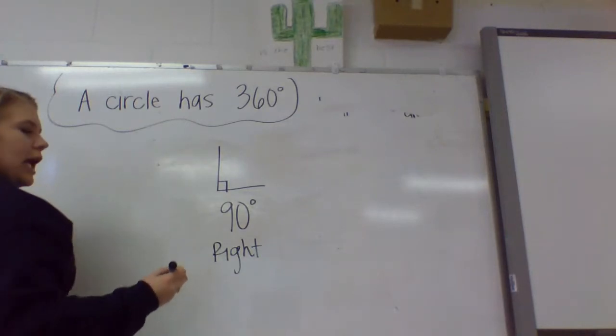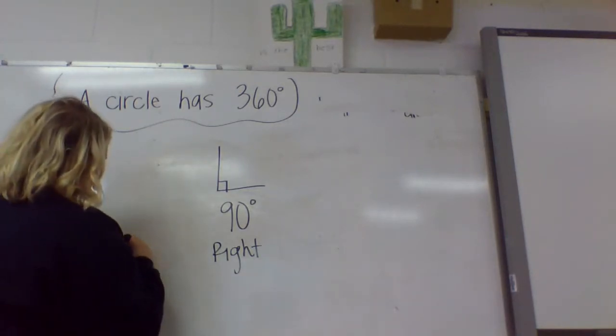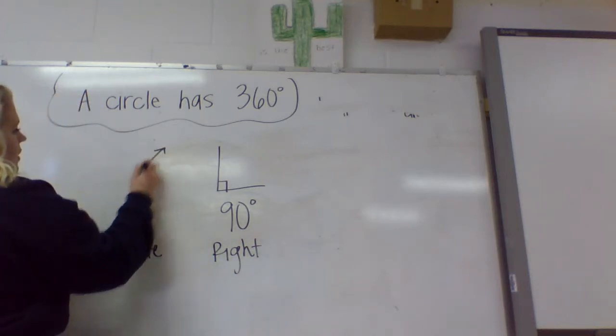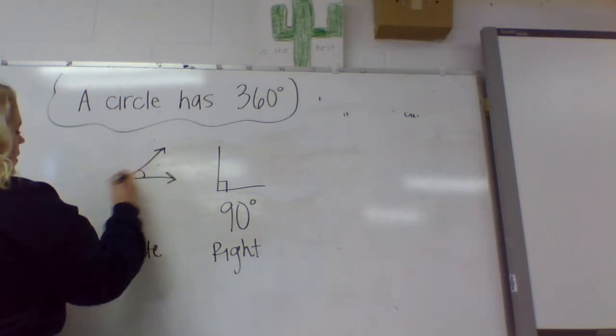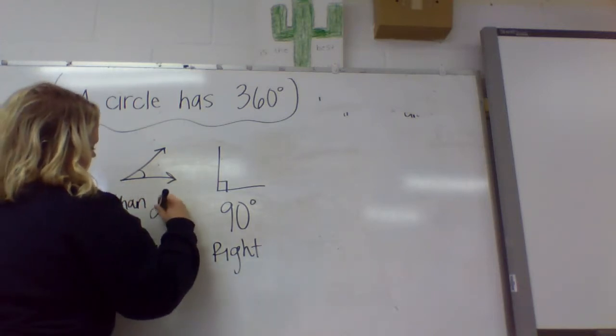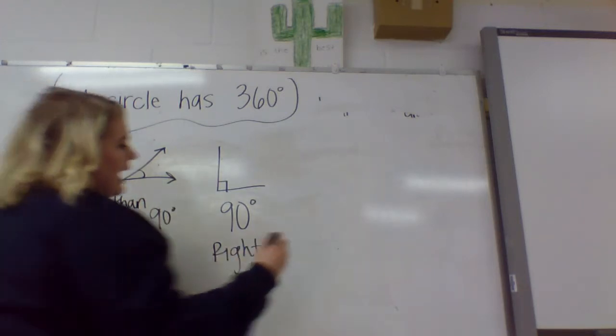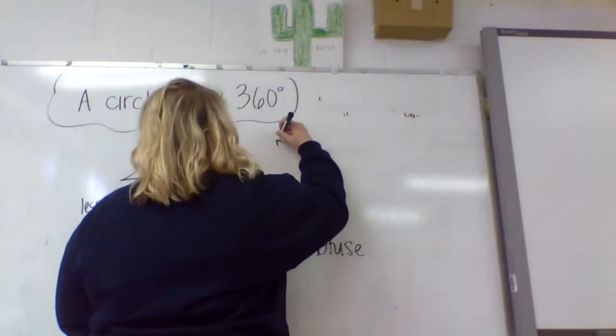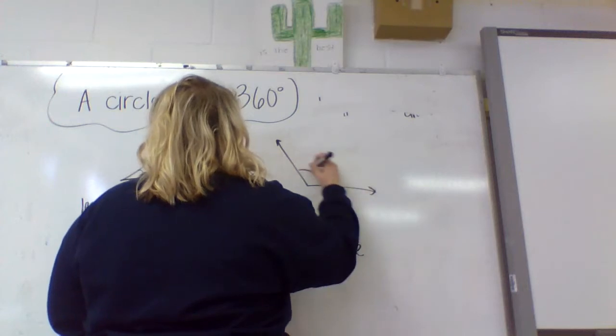Now, if I want to go less than 90 degrees, that's going to be an acute angle. So an acute angle is less than 90 degrees. If I want an angle that is larger than 90 degrees, that would be an obtuse angle.